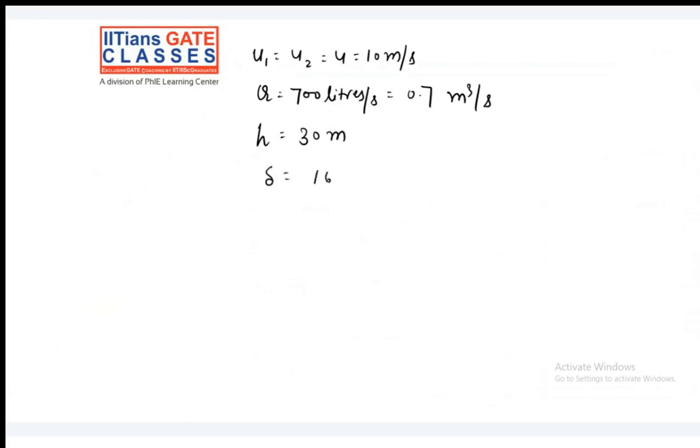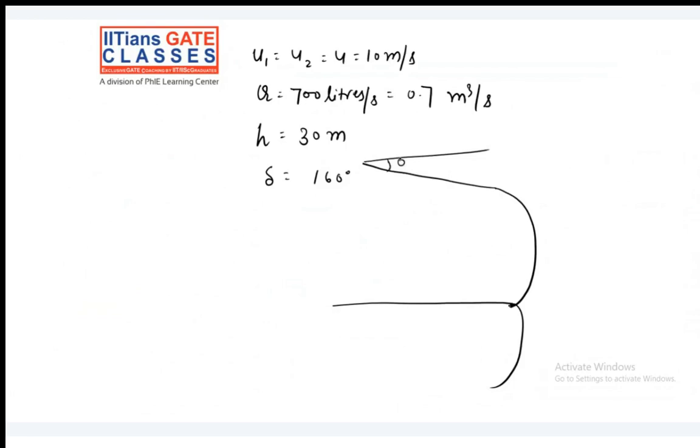Okay. And it has also mentioned that the delta value is 160 degrees. In the velocity triangle, where do we have phi? I'm just drawing half of the velocity triangle, meaning half of the bucket, so it is automatically assumed that there is a bucket here also. We had some phi here, and this phi is the same phi here.